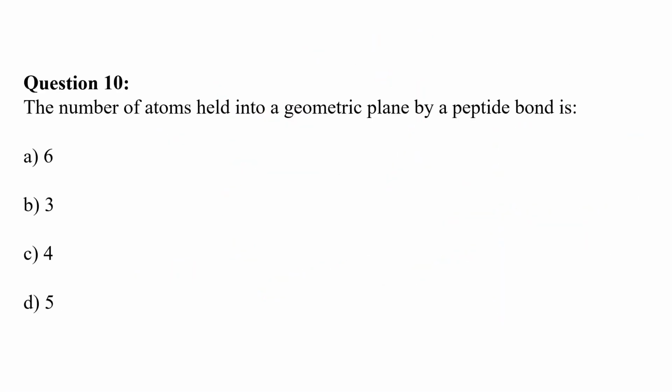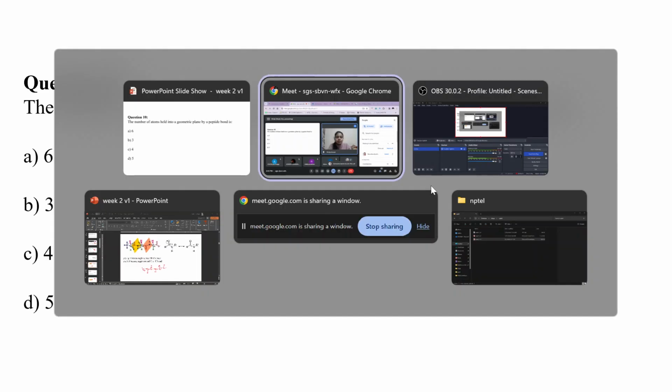Okay. So moving on, question number 10. The number of atoms held into a geometric plane by a peptide bond is. So we have to tell the number of atoms that are held into a geometric plane by a peptide bond. I have explained to you the plane of a peptide bond.